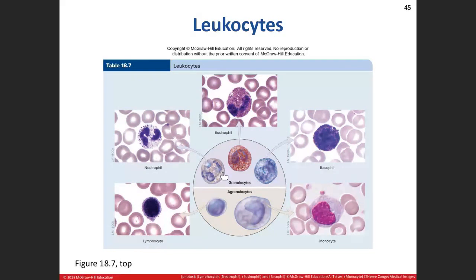So those are called granulocytes, and there are 3 of them: the neutrophil, the eosinophil, and then our basophil here. And then the other class is going to be the agranulocytes. Now they still have granules, you just can't see them very well under a light microscope. Okay? We have the lymphocyte, and then we have one of my favorites, the monocyte. Okay? So these are what we're going to see in our blood floating around.